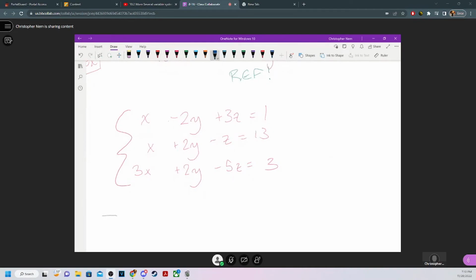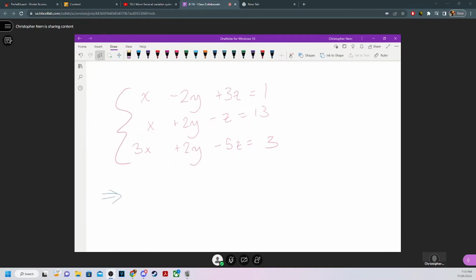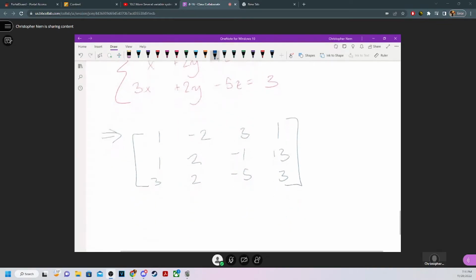So turning this into a matrix, you should have the coefficients being 1, negative 2, 3, 1; 1, 2, negative 1, 13; 3, 2, negative 5, 3. Boom. Now I can do all of my operations without worrying about the variables at face value.